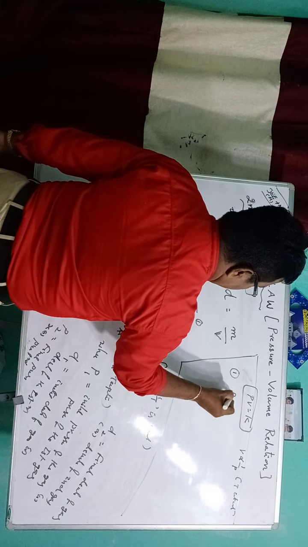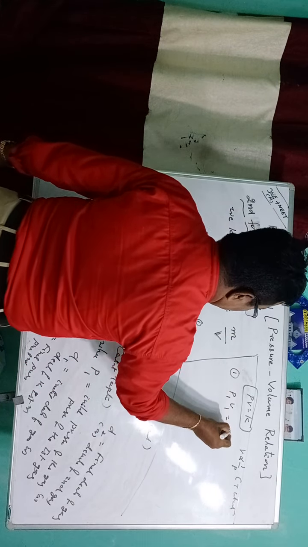So in Boyle's law, there are two important formulas for JEE Mains or NEET. The first one, Boyle's law, PV is equal to K. This is the basic formula. According to the definition, V is proportional to 1 by P, where T is constant. So formula 1 is P1 V1 is equal to P2 V2.